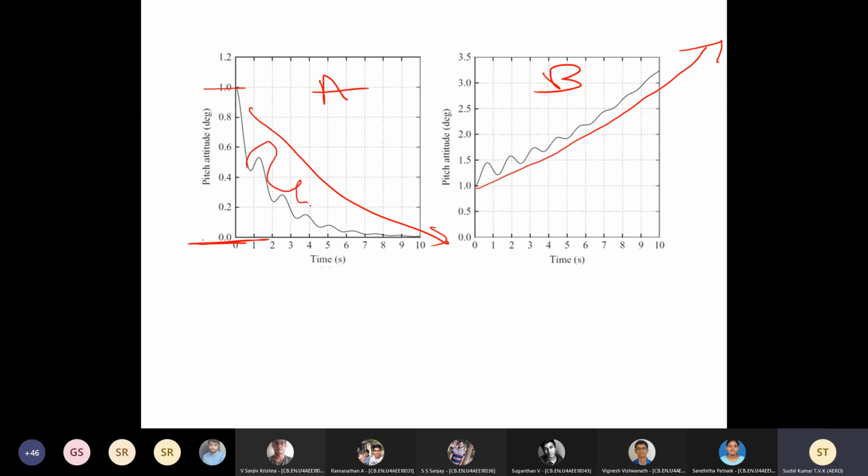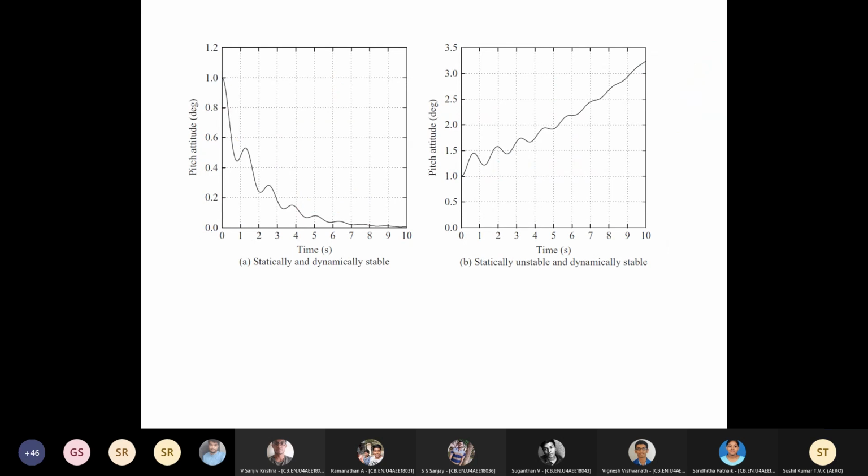You find that these oscillations are just damping out. Here also the damping is reducing. So dynamically it's stable, but statically unstable. So you guessed it right. A is statically and dynamically stable, and B is statically unstable because it's diverging, whereas the oscillations are reducing, so it's dynamically stable.